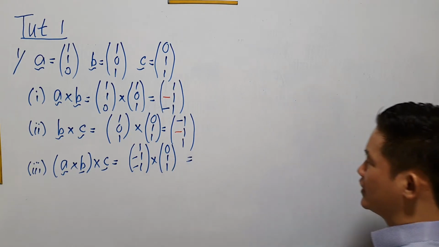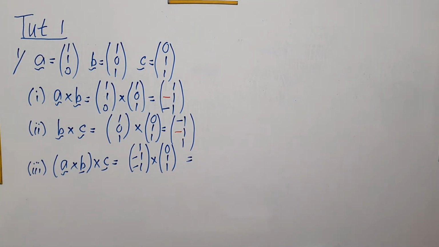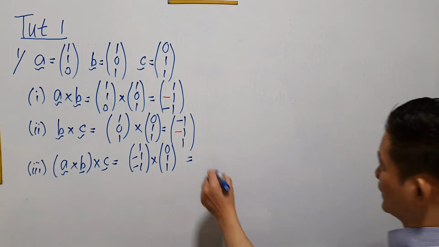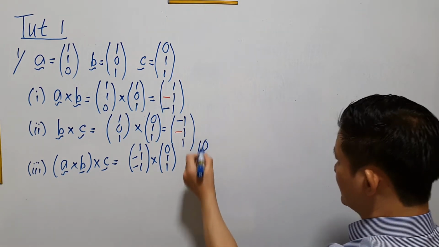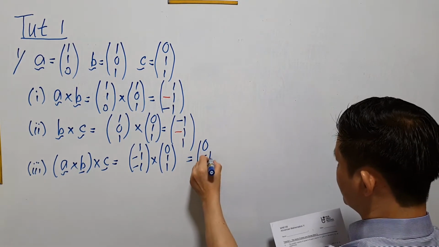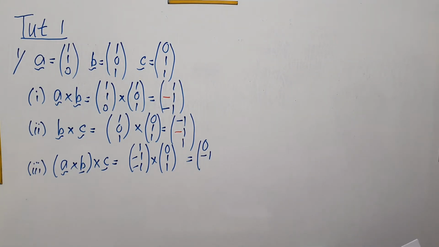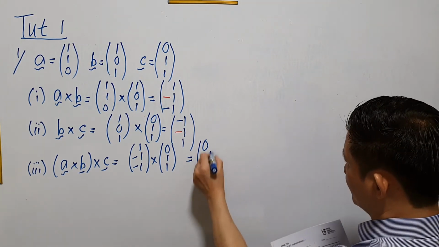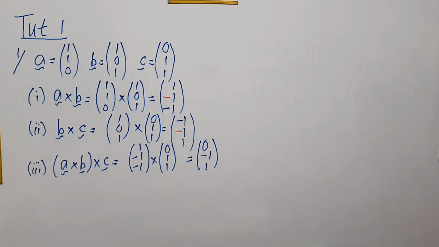Again, you cover the first row, you get 0 for the first entry. You cover the second row, you get 1, but the middle row needs an extra minus. Cover the third one, 1 minus 0. So you get 0, minus 1, 1.